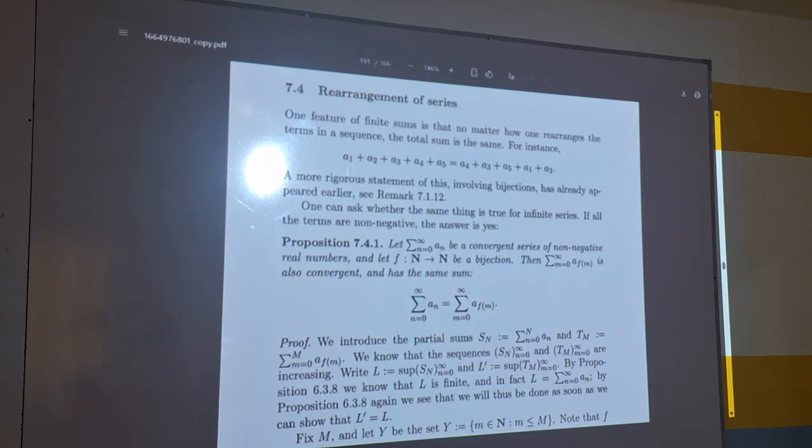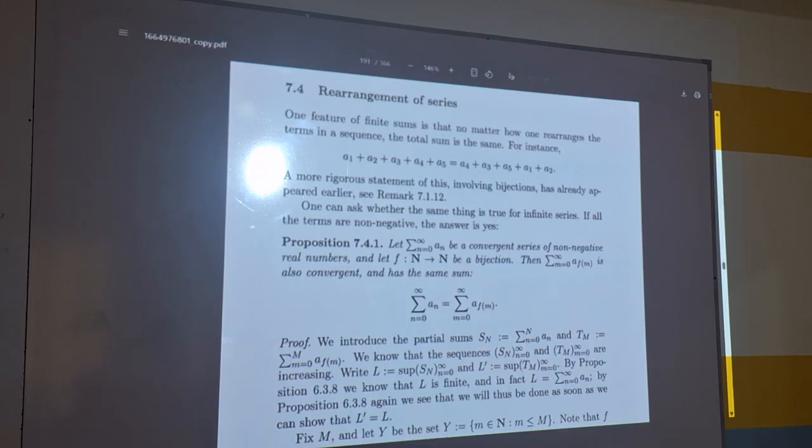We know that the sequences S_N and T_M are increasing. Why? Because each term is greater than or equal to 0, therefore they are increasing.